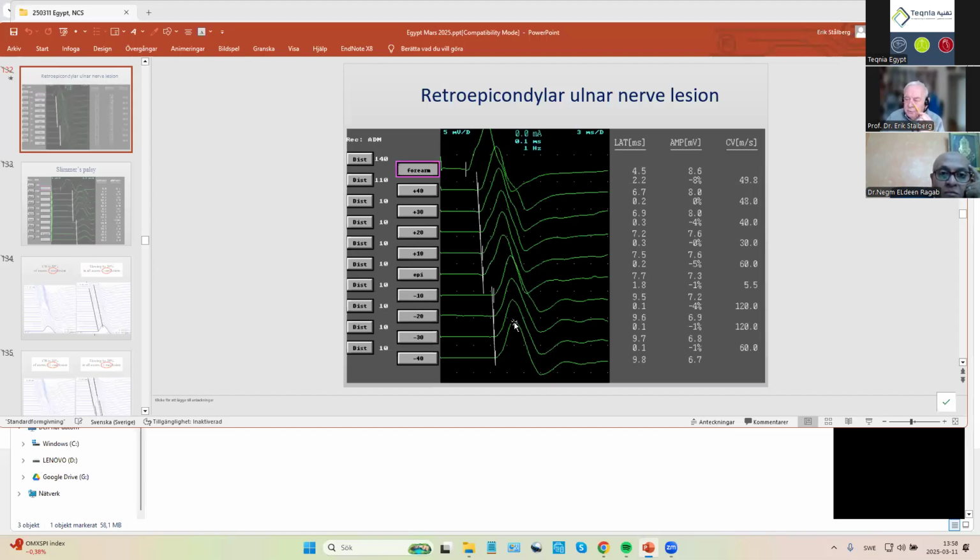If the amplitude here is nearly normal compared to this side, and the patient has a facial paralysis, you say, oh, this is funny. It makes no sense. The patient cannot move, and we still have a good response.